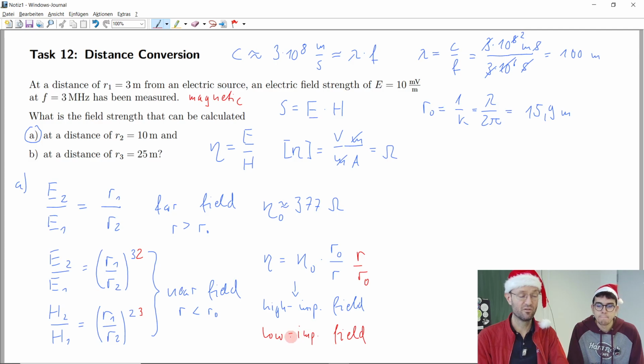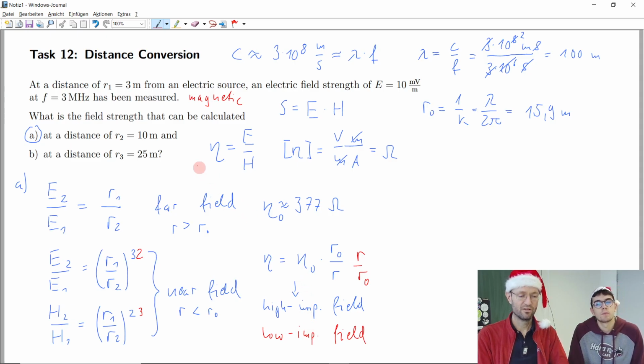But magnetic sources are difficult to shield because you have low field impedance outside of the shield in the air and low wave impedance inside metal, so you don't get any reflection. So you need to rely on absorption, which is difficult to achieve because you need a very thick shield. We will come back to this, so remember this when we talk about shielding.